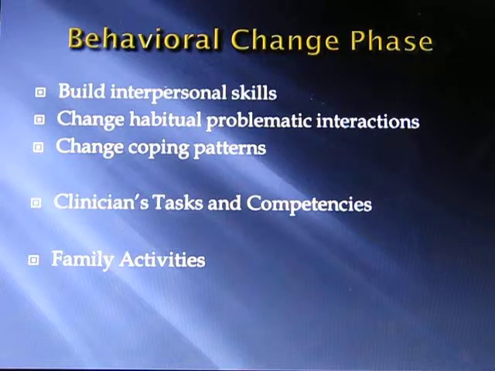So as a clinician, you're going to want to work on communication training, assigning individual family members different tasks, and using behavioral assessments. And the family activities might be modeling positive behavior, providing directives, developing a family model for change, and remaining sensitive to the needs of others in the household.